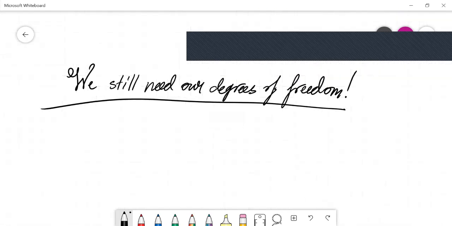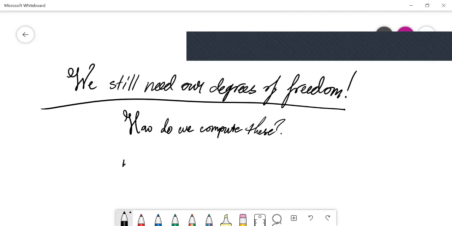So how do we compute these? This is actually what can be kind of tricky. I'm going to write the degrees of freedom, and then explain why I got that. It's r minus 1, the number of rows, times c minus 1, the number of columns.